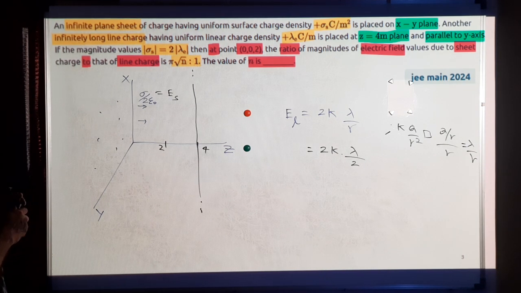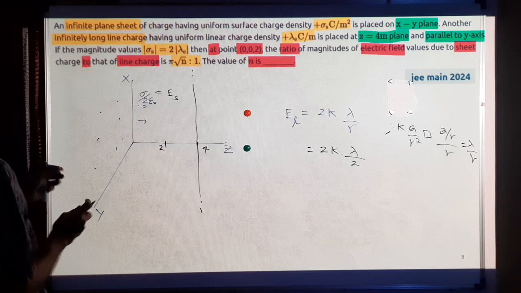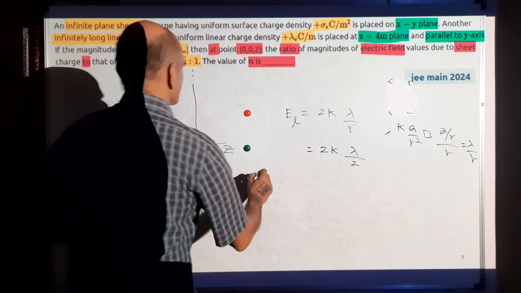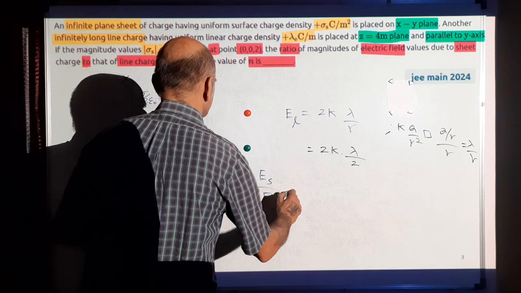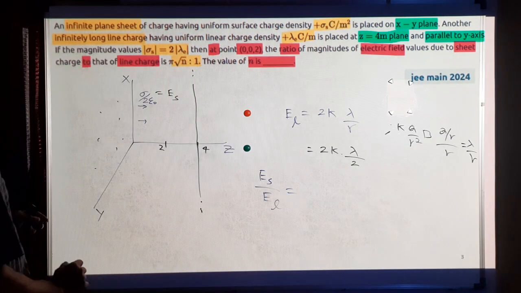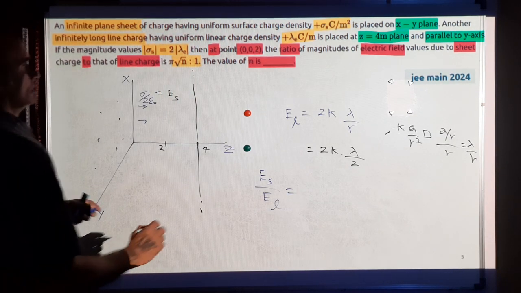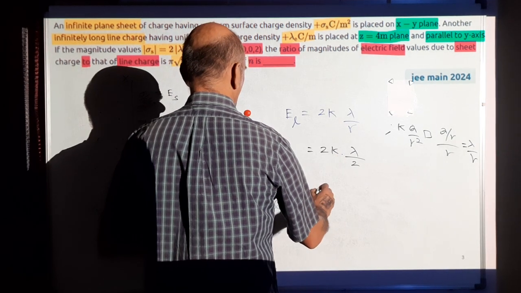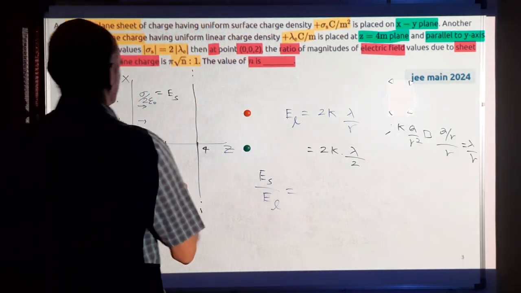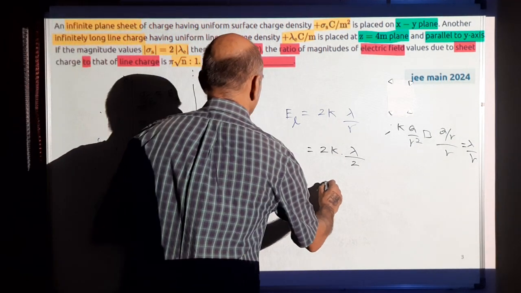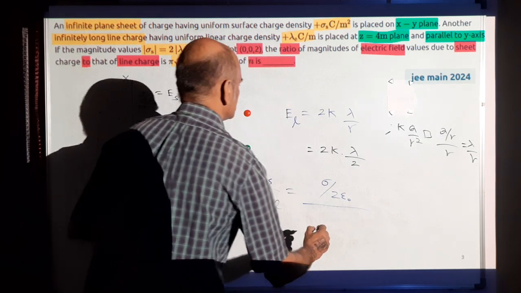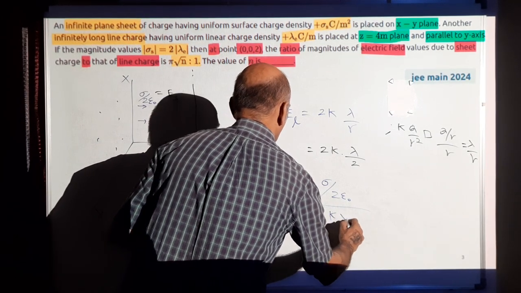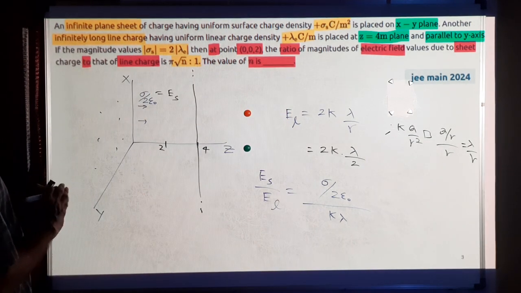So the ratio ES by EL, sheet by the line charge, will be sigma by 2 epsilon naught by k into lambda.